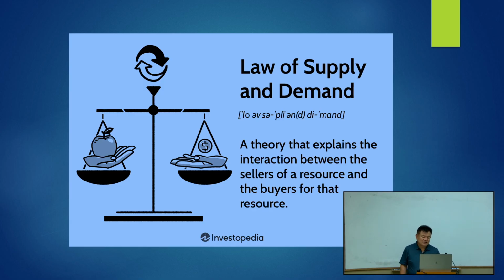This is a theory that explains the interaction between the sellers of resources and the buyers of those resources. How can we explain this relationship? This is the law of supply and demand.